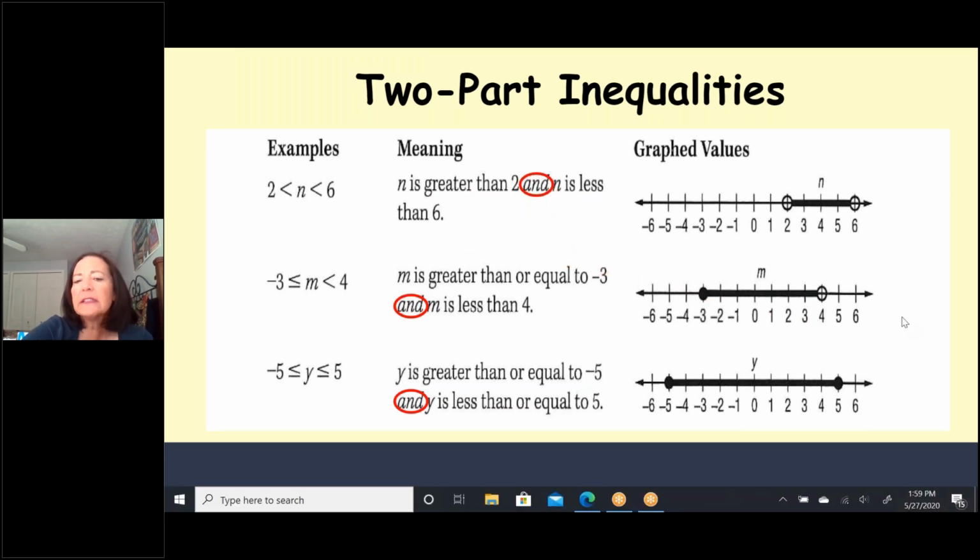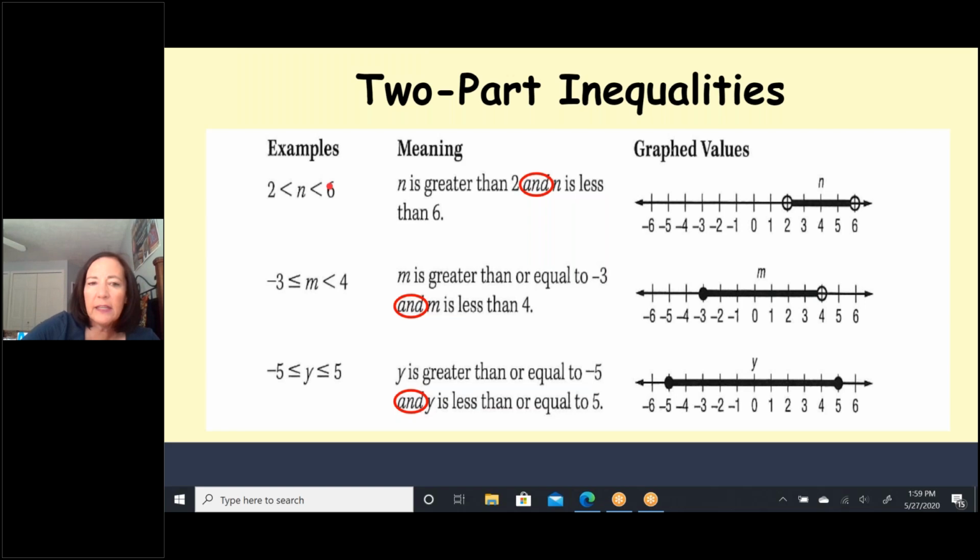I thought this was a little bit confusing. They're saying we always want to start reading an inequality at the variable. So they said, n is greater than 2, and n is less than 6.